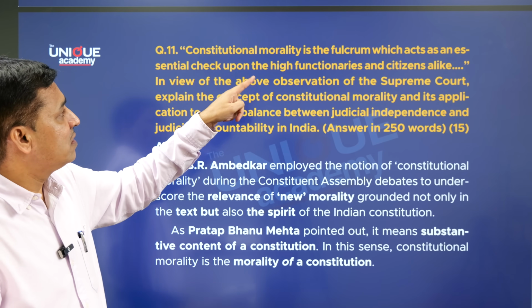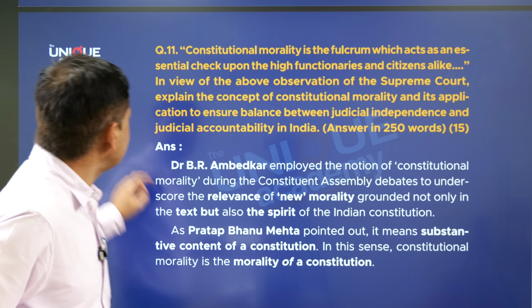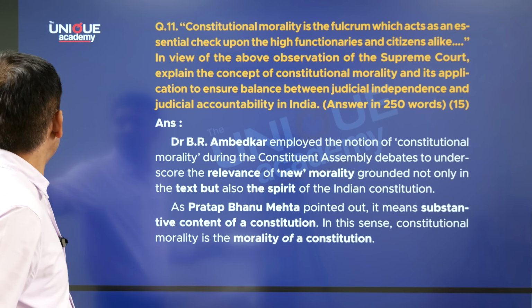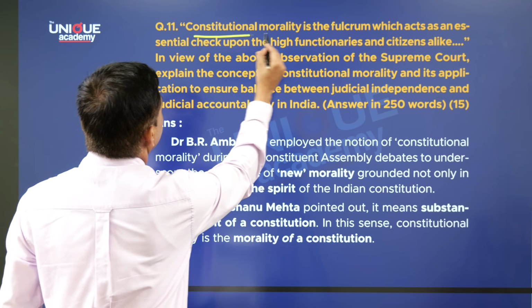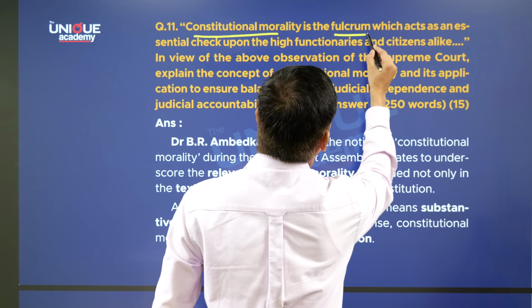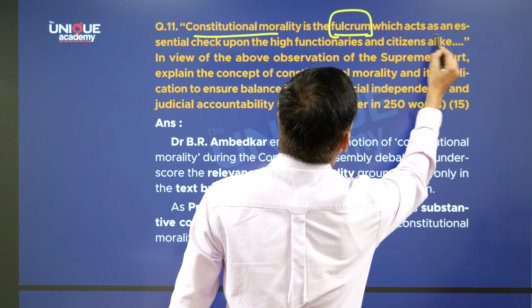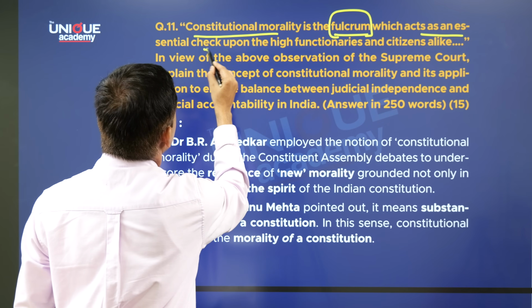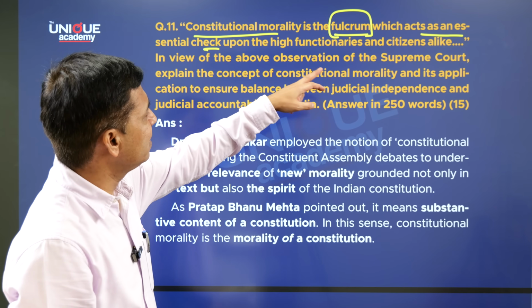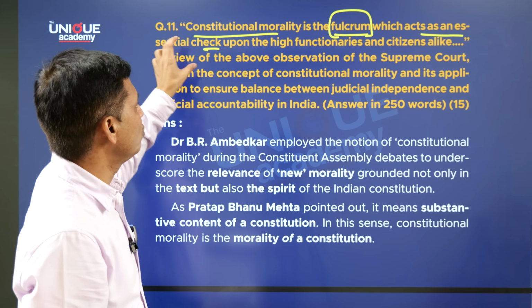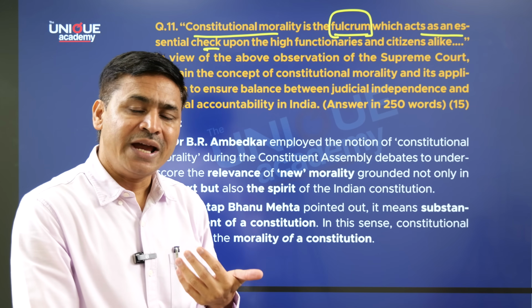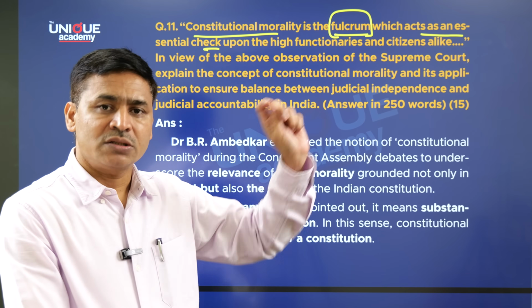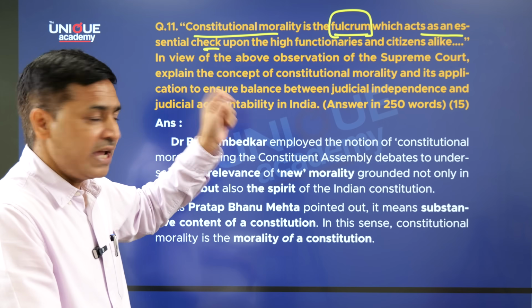Constitutional morality is the fulcrum which acts as an essential check upon the high functionaries and citizens alike. Let us underline the important parts of the question. So, what does constitutional morality actually do is what this statement seeks to capture.